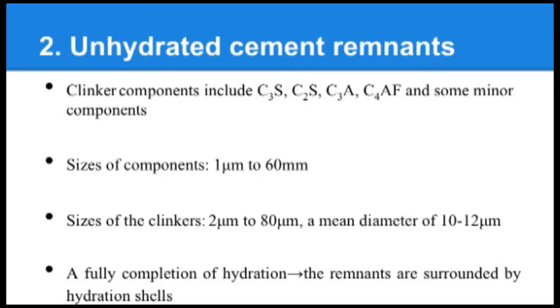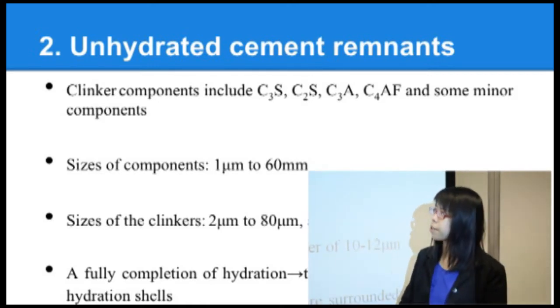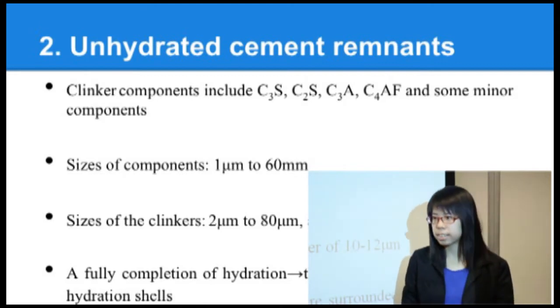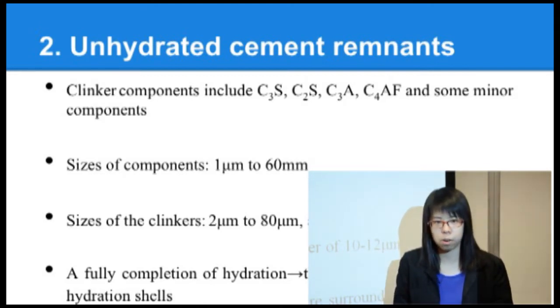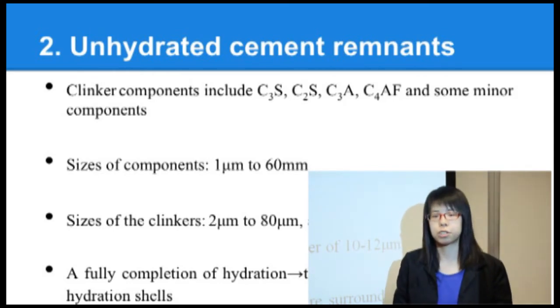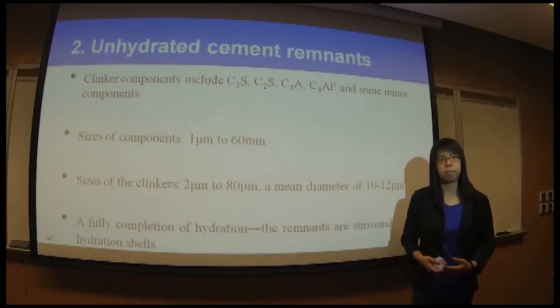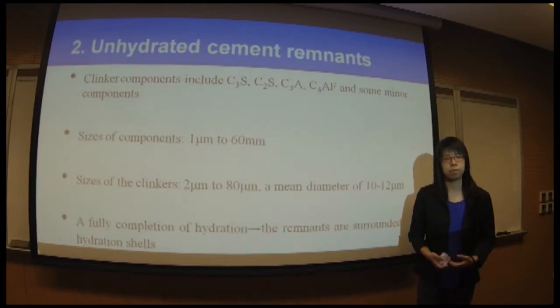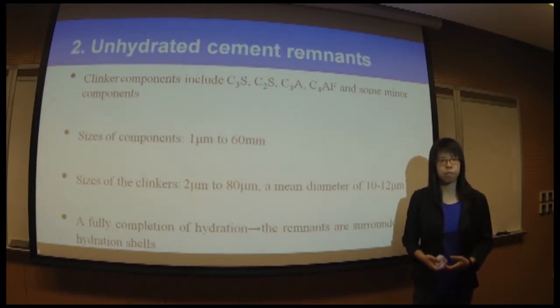Unhydrated cement remnants. The clinker components include these 4 compounds with some minor components, and the components are actually crystals, and their sizes range from 1 millimeter to 60 millimeters. And for the clinkers, their sizes range from 2 millimeters to 80 millimeters. Generally, individual crystals will not be separated during the grinding process.